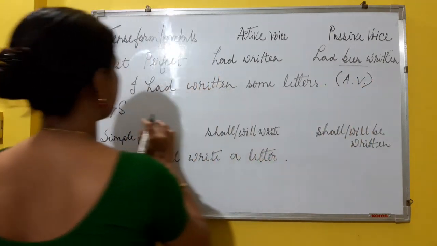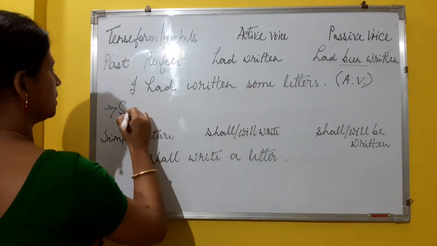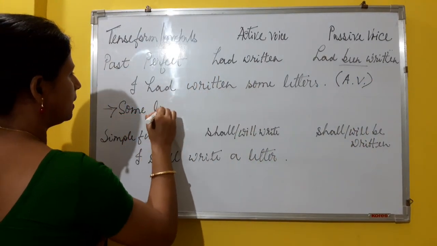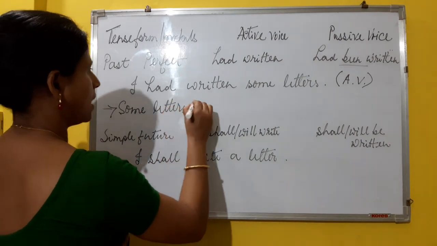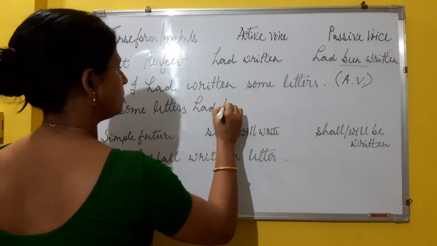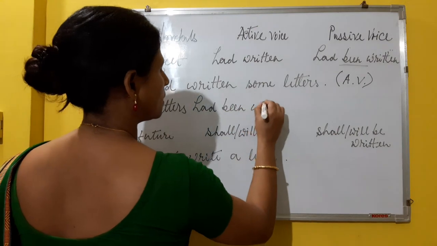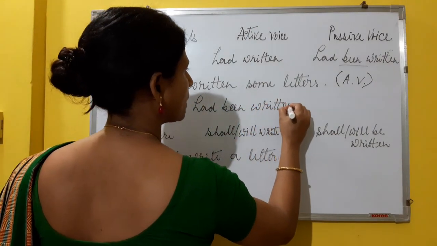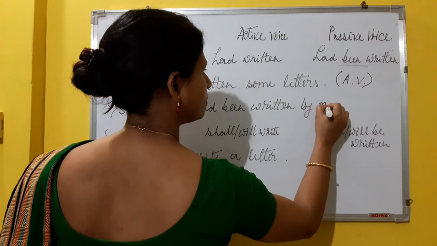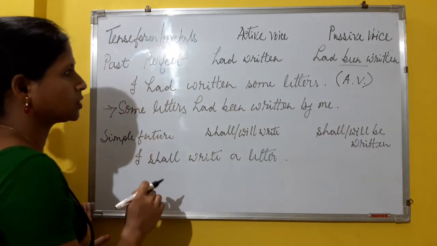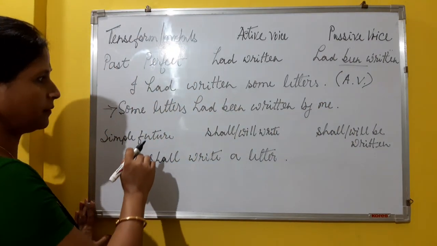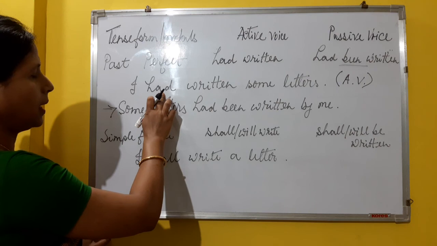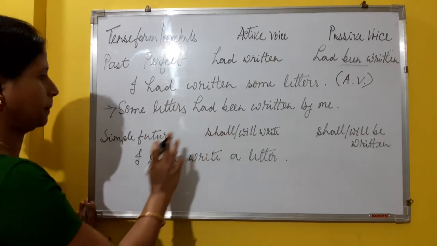Active voice. And in passive, some letters had been written by me. So this is how we change for past perfect, had been.